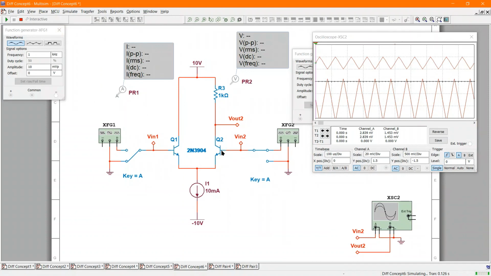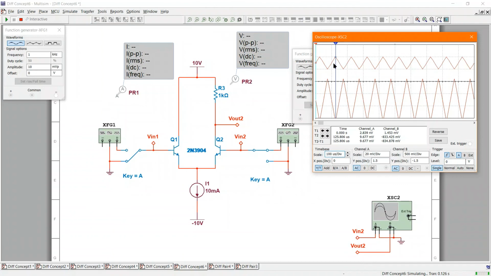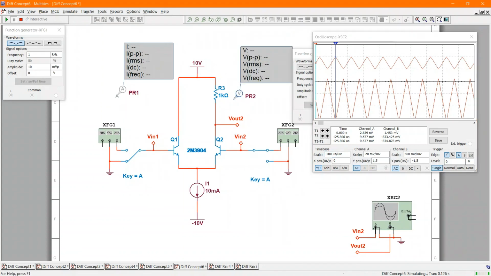VN2 is a triangle wave applied to the input of Q2, which is here, and Vout2, which is taken off its own collector. So it should be out of phase, and it is. So these changes, putting a current source down here and replacing this with a piece of wire, makes no difference to how the differential amplifier works. We still have two inputs and a single output, which is the most common configuration of a diff amp.